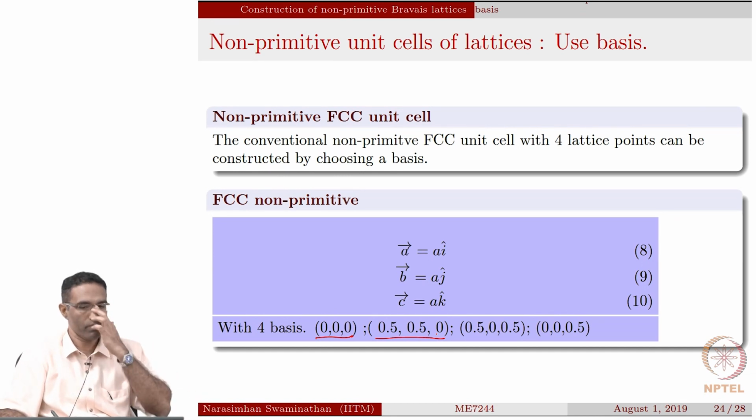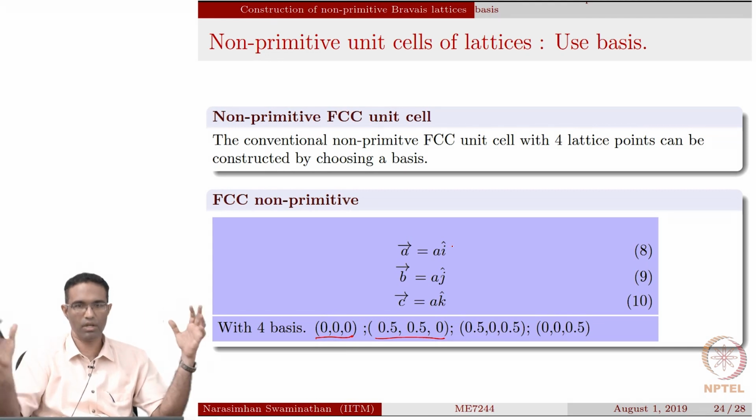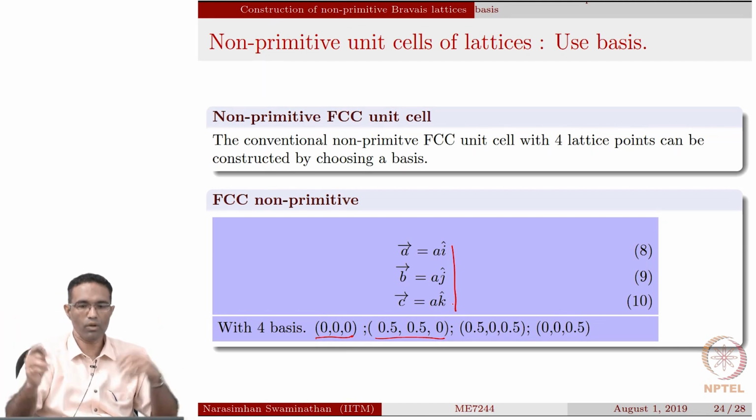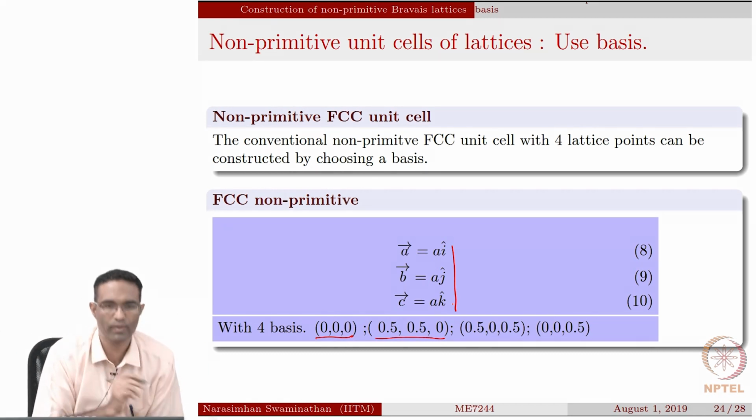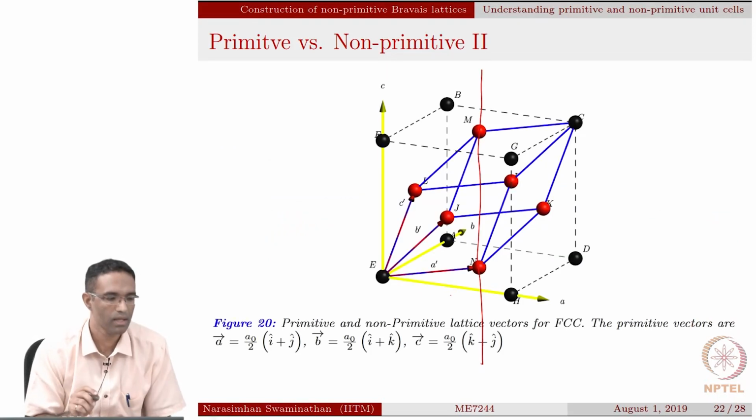So, for example, if we want to construct the FCC structure out of these lattice vectors, these are now non-primitive lattice vectors, right?